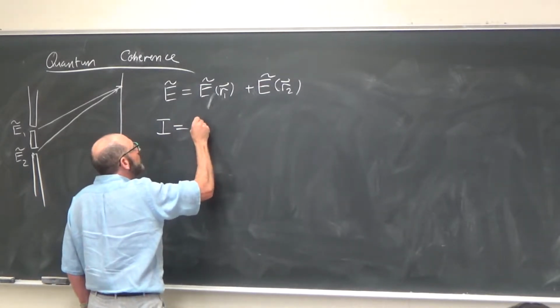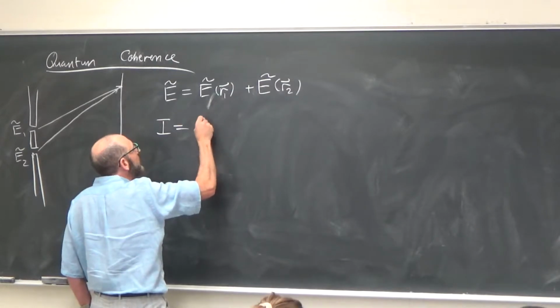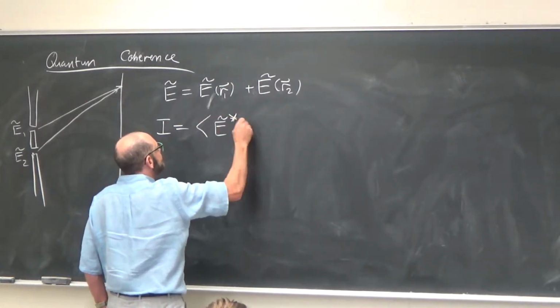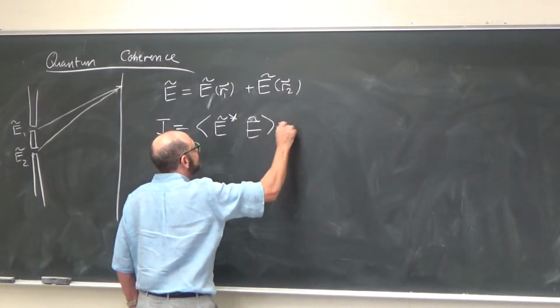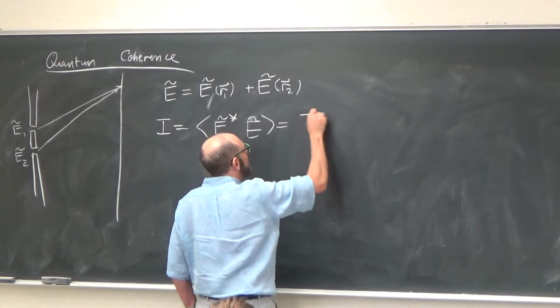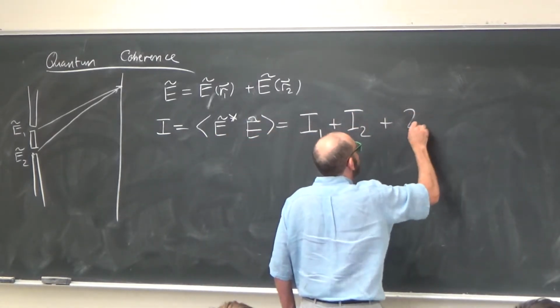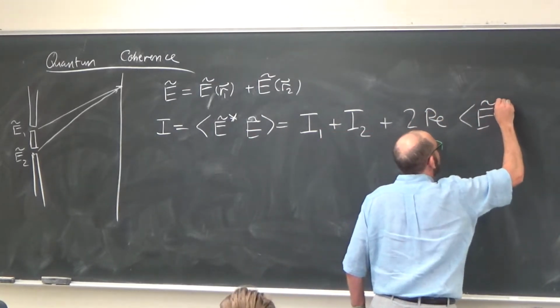in general would be, I think about this as some kind of stochastic field and have an ensemble average, in terms of the intensity through slit 1, the intensity through slit 2, and then twice the real part of E star.